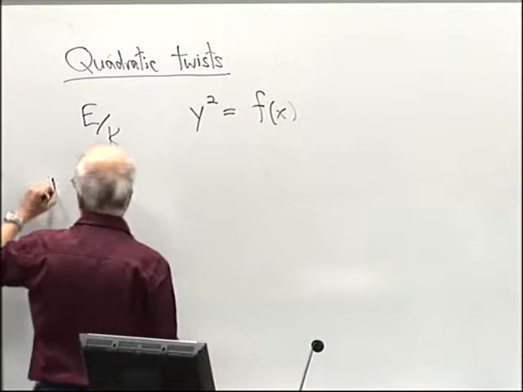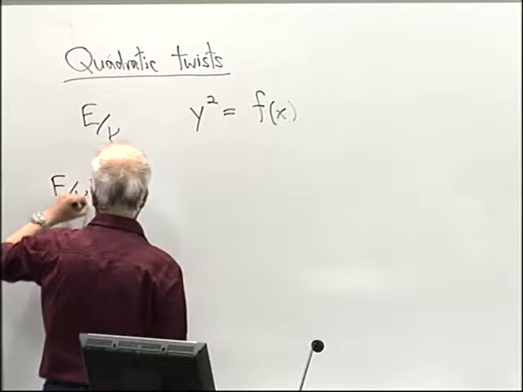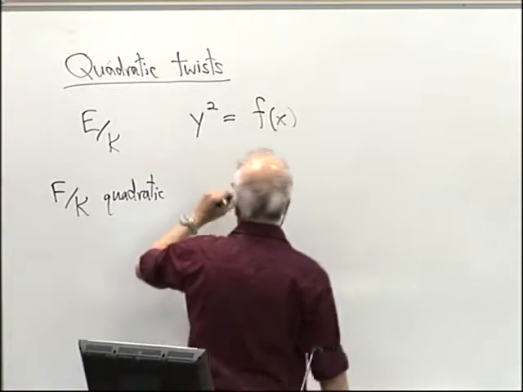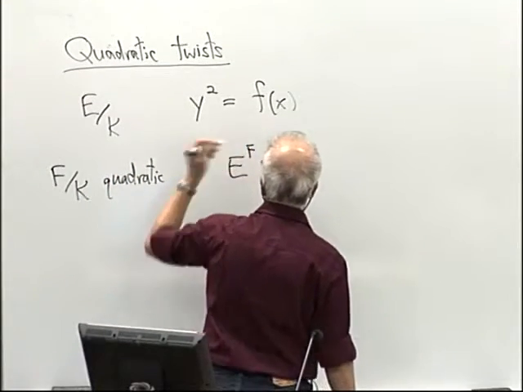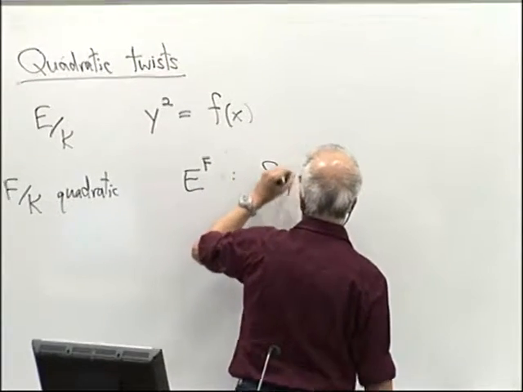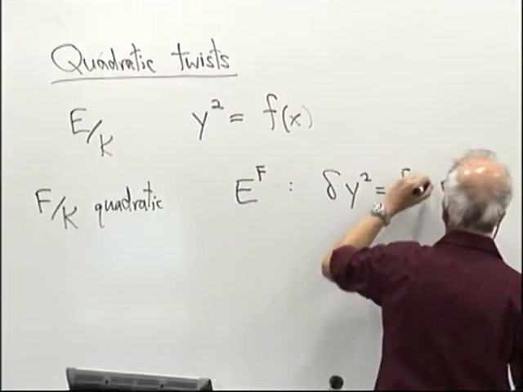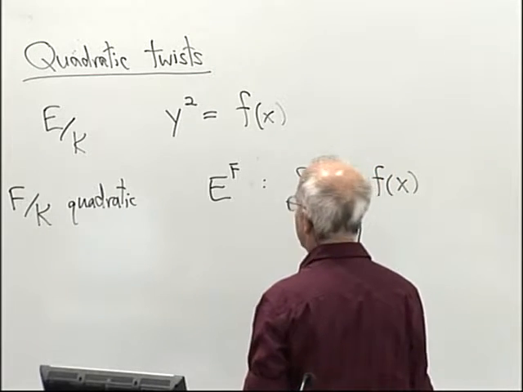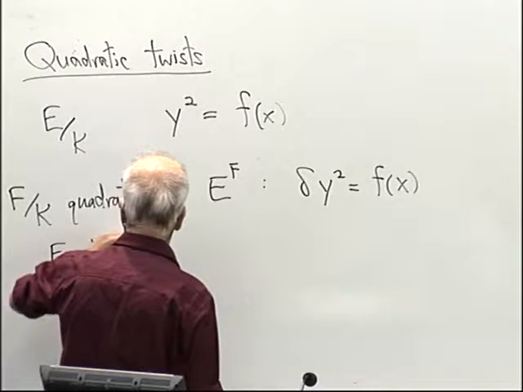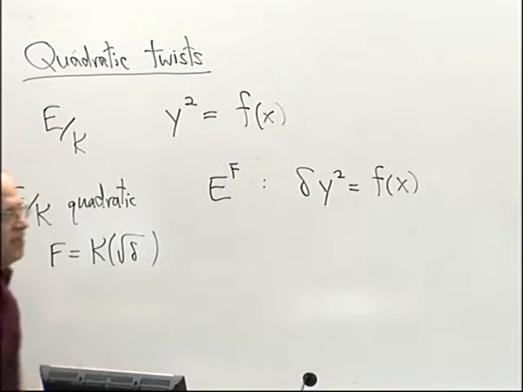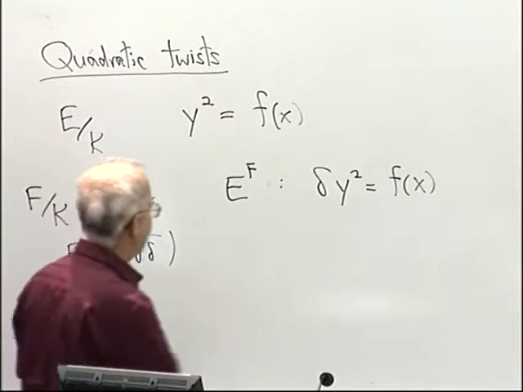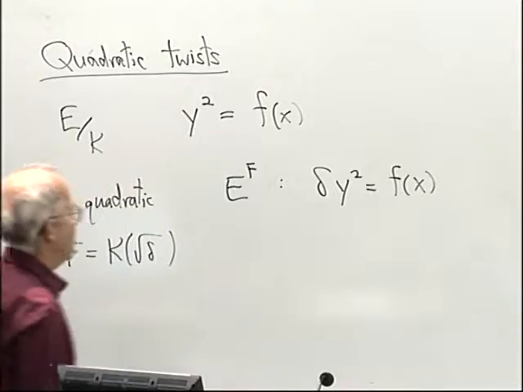And if F over k is a quadratic extension, then by E upper F, the twist by this quadratic extension, I just mean, well, it's easiest to write it delta y² equals f of x, which you can put in a Weierstrass form if you want, where F is k adjoin square root of delta. And I might call this E upper delta sometimes, but I really want to emphasize that these twists correspond to the different quadratic extensions of k.